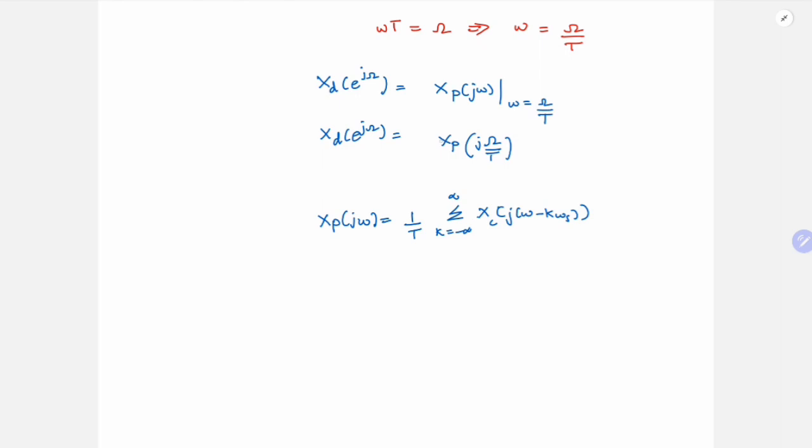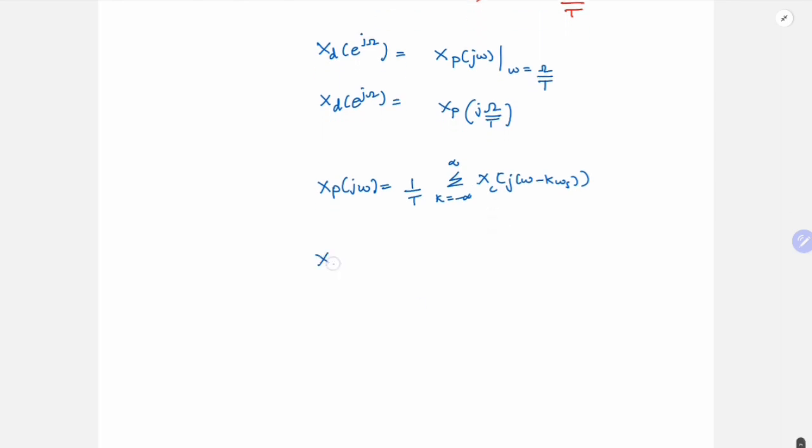So if we now substitute this here, we get Xd of e power j omega is equal to 1 by T summation k equal to minus infinity to infinity Xc of j into omega minus 2 pi k by T. So this omega is omega by T and omega s is 2 pi by T. So I have taken T common out.